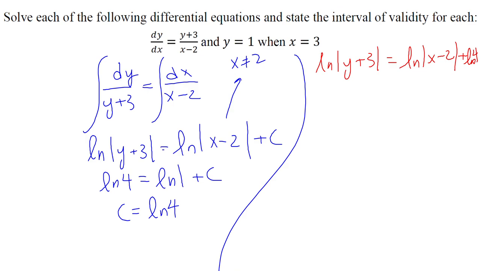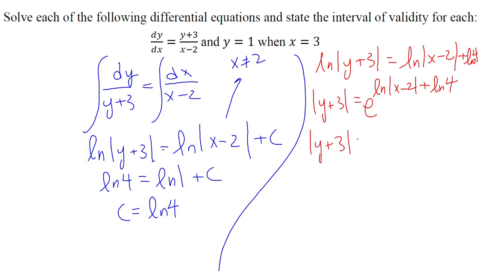Well, we'll exponentiate both sides. So we have absolute value y plus 3 is equal to e to the natural log absolute value x minus 2 plus natural log 4, which can really just be written using exponent rules as e to the ln absolute value x minus 2, times e to the ln 4.